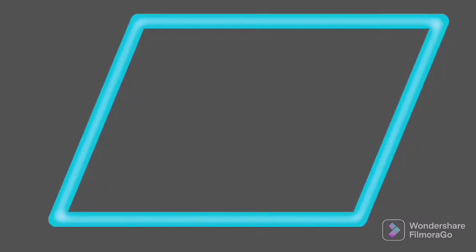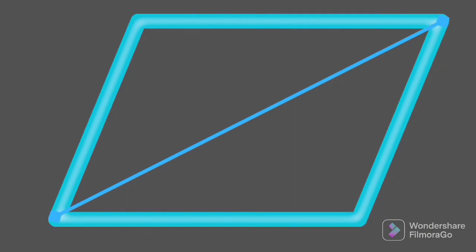In a parallelogram, if we draw a line which is dividing an angle into two equal parts, that is bisecting the angle. Similarly, if we draw another line bisecting the adjacent angle, that is dividing the angle into two equal parts.